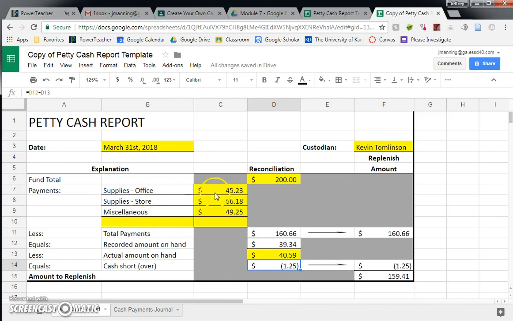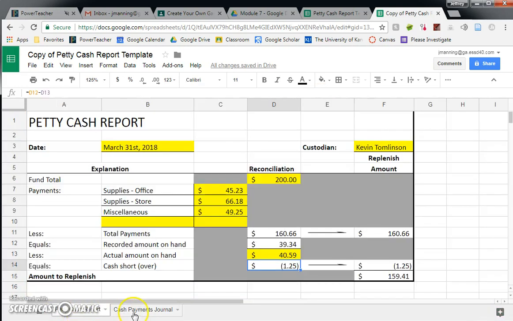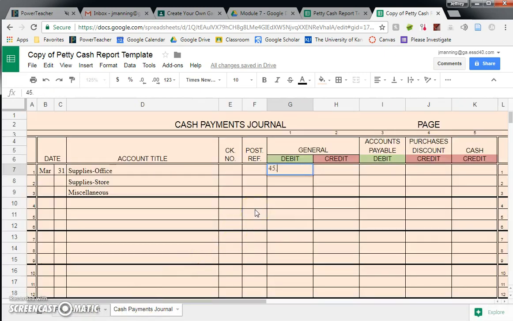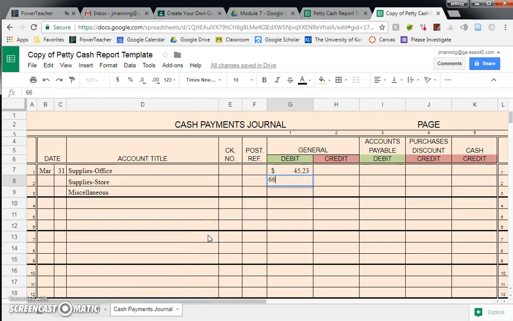All right. Each of these amounts, the $45.23, $66.18, and $49.25, are going to be general debits. So I'm going to take $45.23. Supplies store was $66.18.